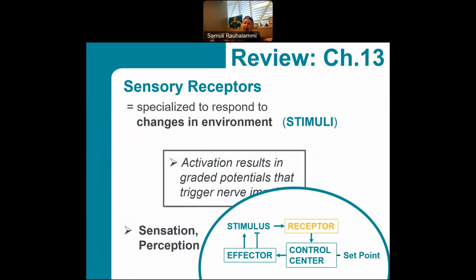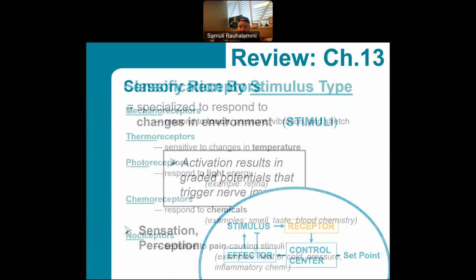This brings us back to the homeostatic feedback mechanism loop that we've seen before. At the beginning of this session, we'll drill down to those receptors. Receptors, like I said, detect information from the stimulus, but no meaning is given yet. That's going to happen at the control center, which often was our brain.